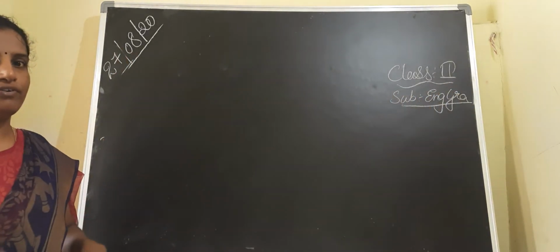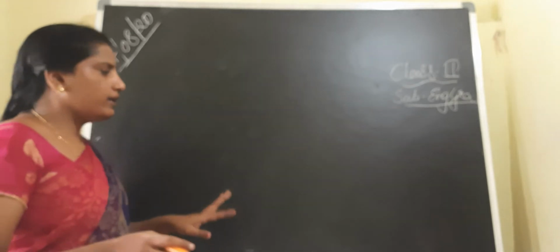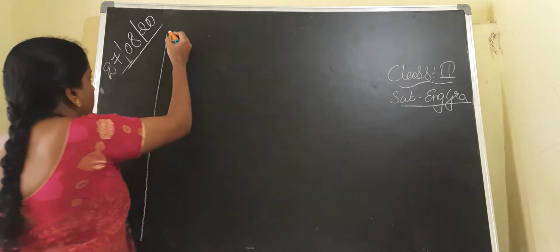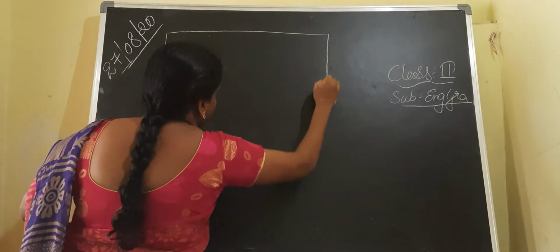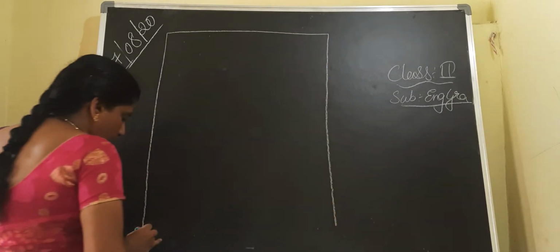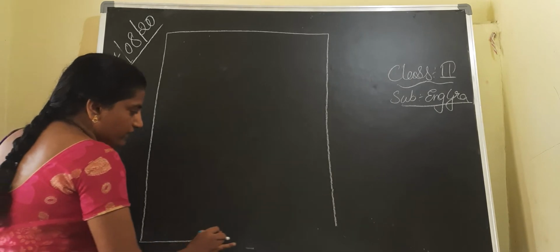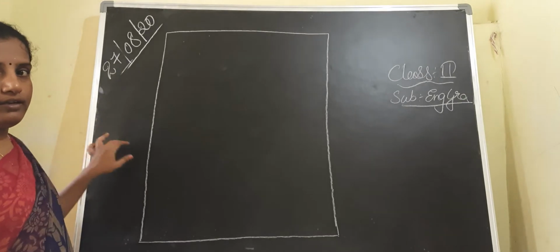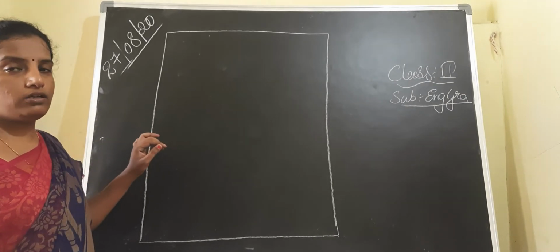Now before we start our class today, I want to tell you the order of the letters and how to present them correctly in your notebook. Tomorrow you will get the PDF notes of the alphabetical order and the use of A or An.